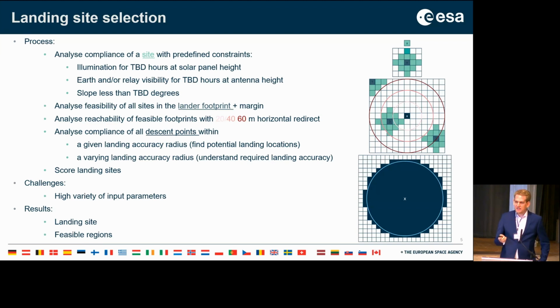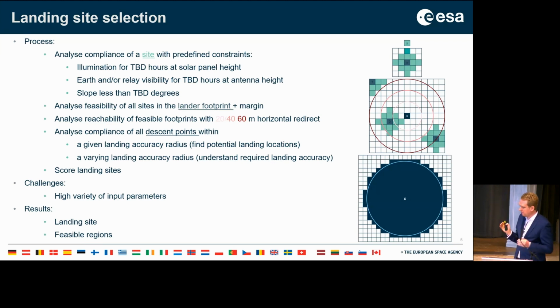The important fact here is that it doesn't need to be that the entire scanned area is feasible to land. In that case we wouldn't need redirect because we could just touch down. Rather, we want to have at least one feasible footprint within our scanning distance and redirect capability.